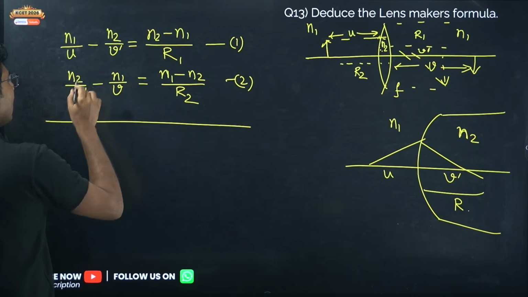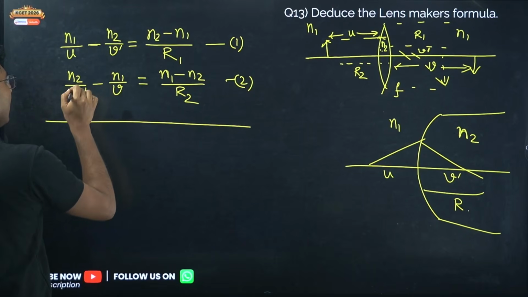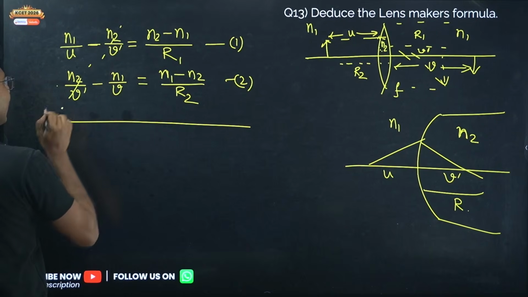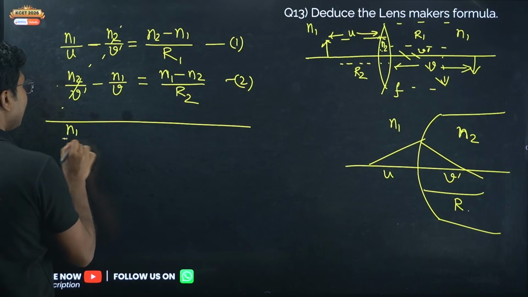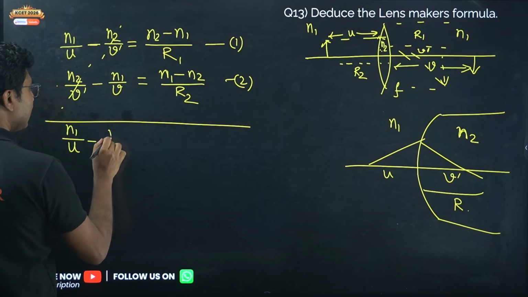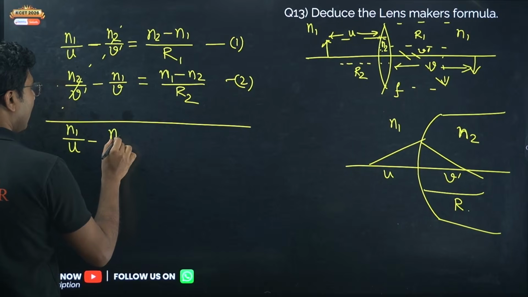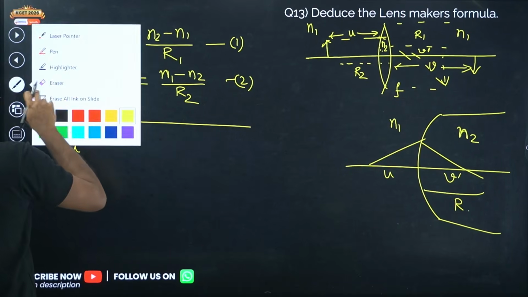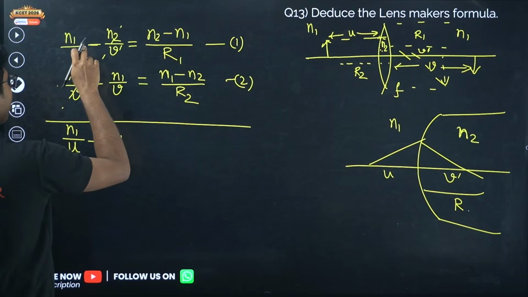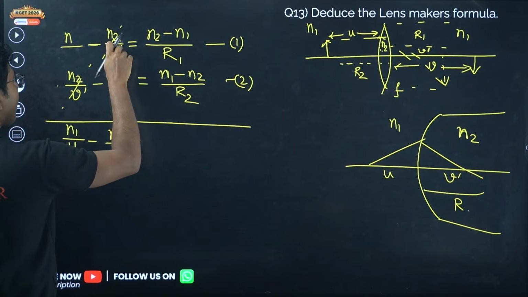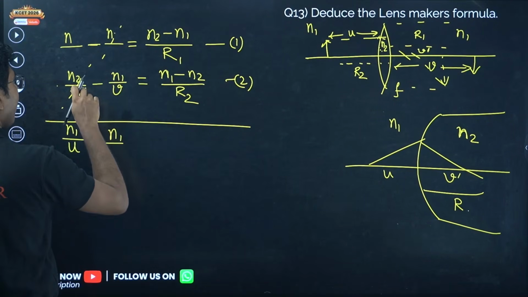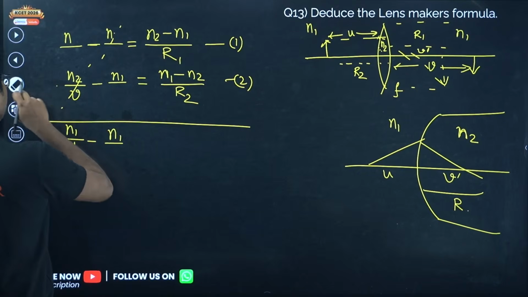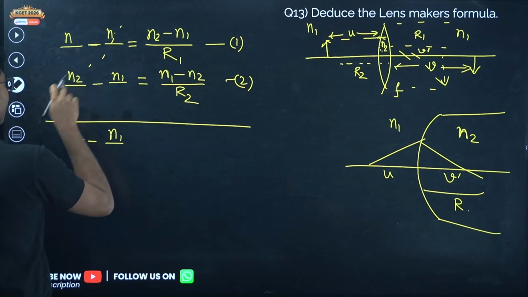If you add, you will see that this is minus n2 by v dash, this is plus n2 by v dash, so this and this cancel, and we get n1 by u minus n1 by v. I think I made a mistake. It is 1 by v minus 1 by u, right?